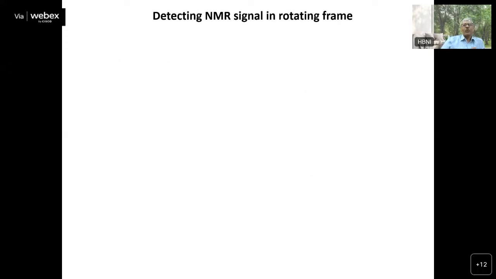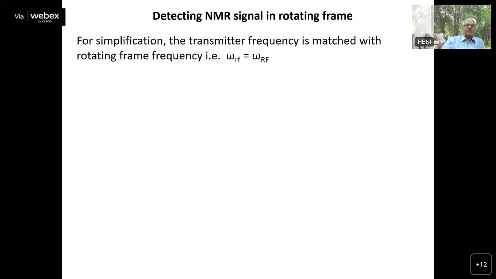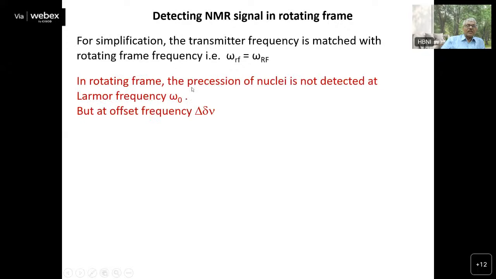Now we'll see how we detect the NMR signal in a rotating frame. Again, the transmitter frequency is nothing but the radio frequency generator. The transmitter frequency is matched with the rotating frame frequency. So the radio frequency should match with the Larmor precession.